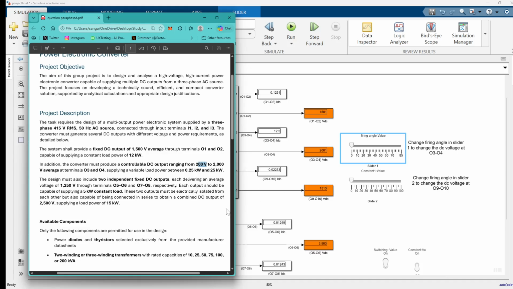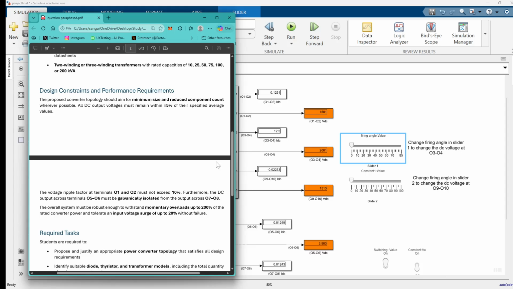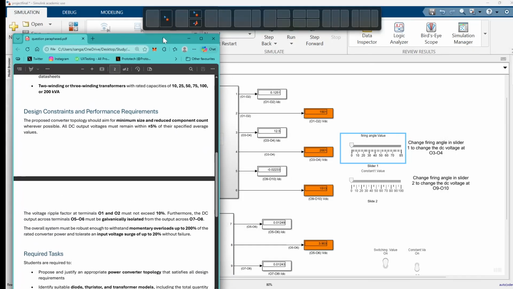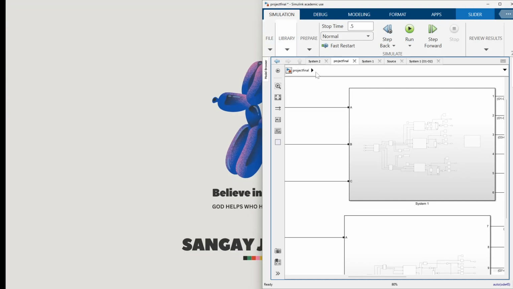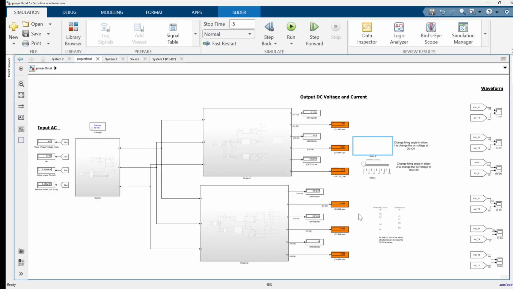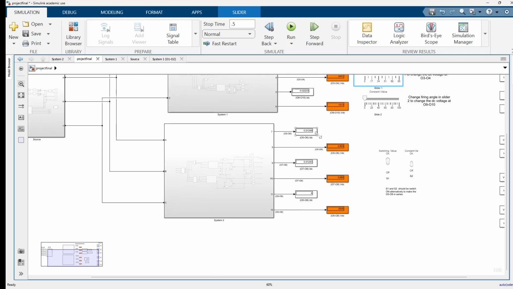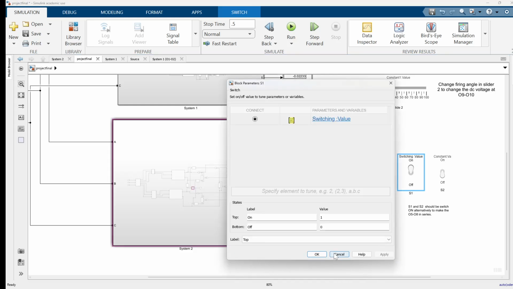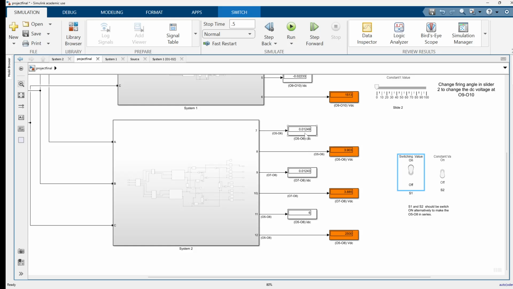Next is terminal 9 and 10. I will talk about that later. Let's move on to output terminals 05 to 06 and 07 to 08.